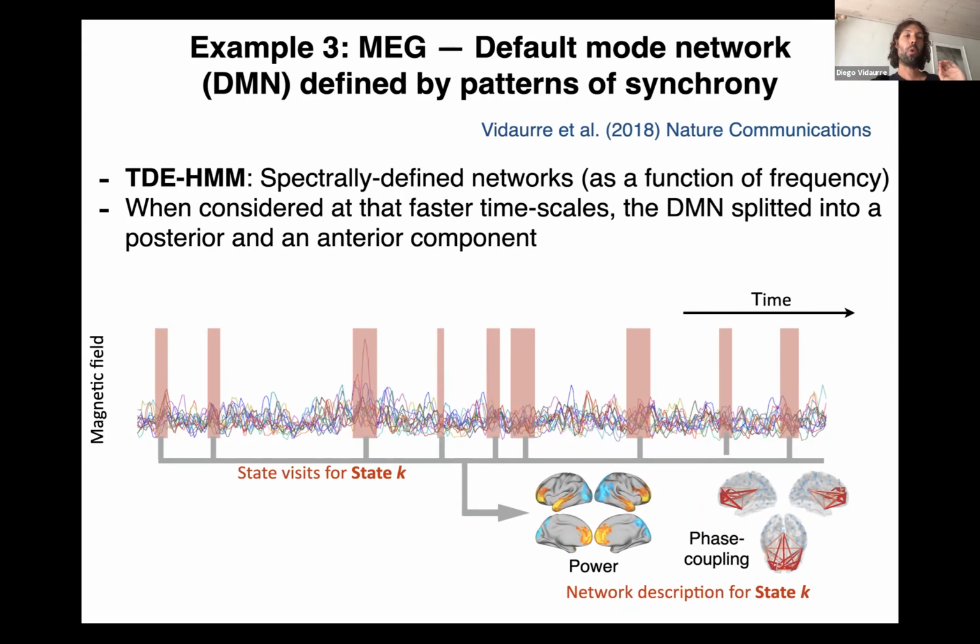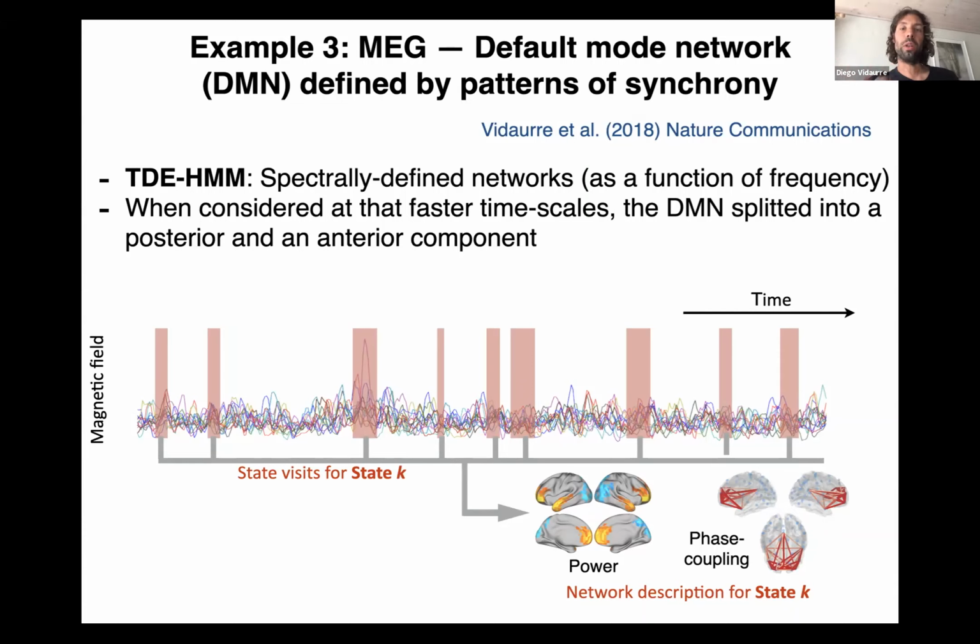So we were interested in applying this kind of model to whole-brain MEG activity. We developed an HMM where states were defined as a pattern of power across regions and also phase coupling. Regions oscillate, and sometimes they oscillate in phase. So states were characterized by patterns of this phase coupling across regions and also across frequencies.